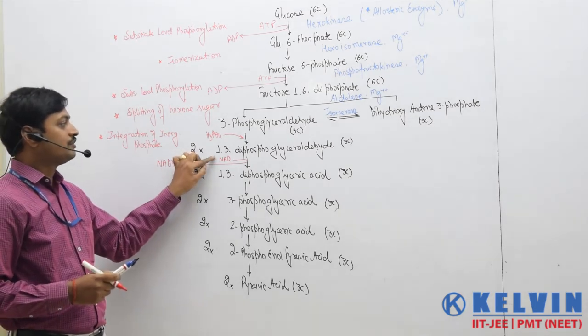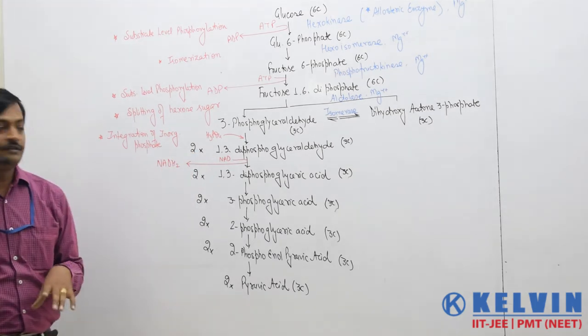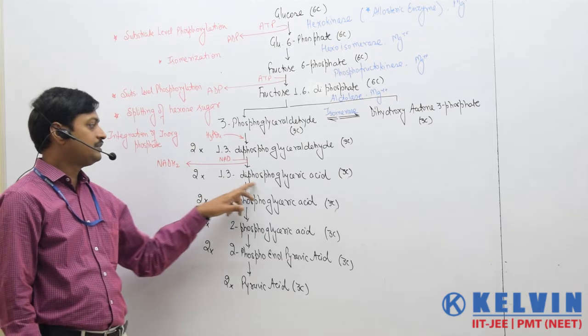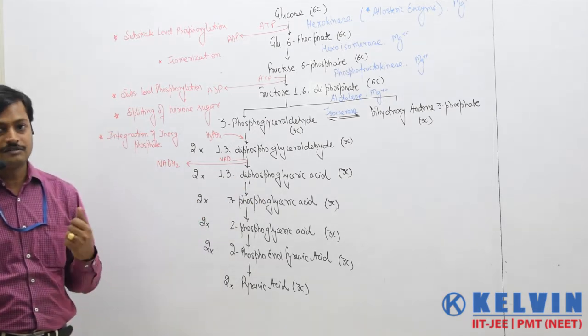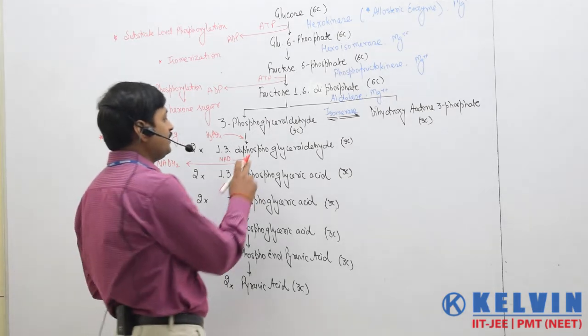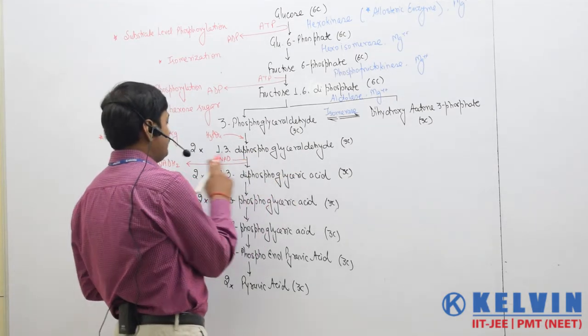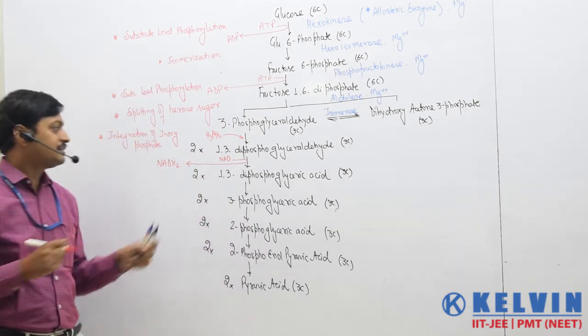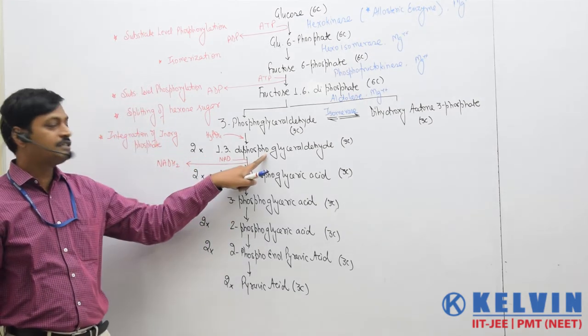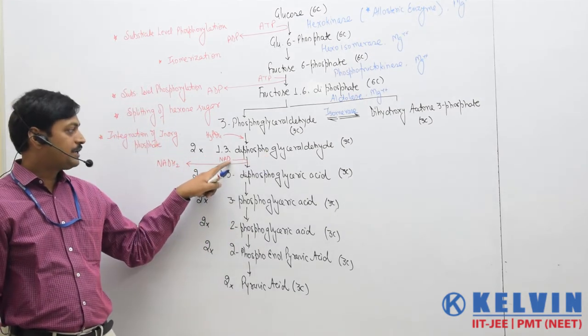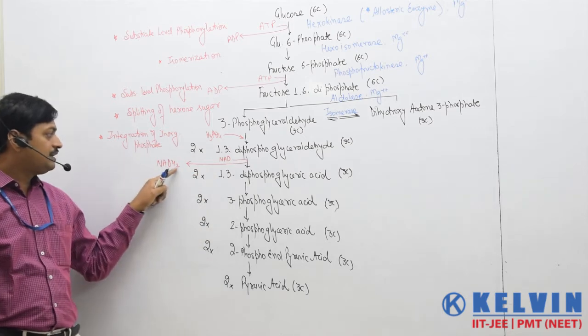So 1,3-diphosphoglyceraldehyde is converted into 1,3-diphosphoglycerate, or simply glyceric acid. As per reaction, it is a dehydrogenation reaction. Hydrogen is removed from this and accepted by the NAD, so the product will be NADH2.